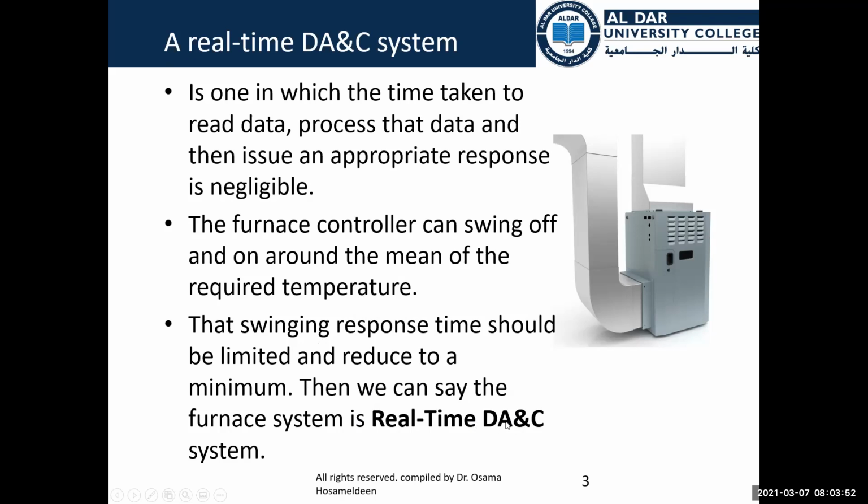By the way, DA and C is the same as input output, because DA, which is data acquisition, is getting data from the outside world and control is sending signal from the computer to the outside world. So this is exactly the same as saying input output.